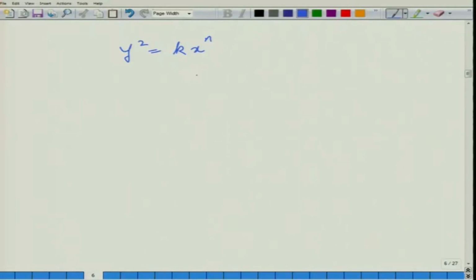Now, when you have n equal to 0, you will have the equation y square is equal to k x to the power 0, which will mean that y square is constant. If you have n equal to 1, you will have y square is equal to k x.